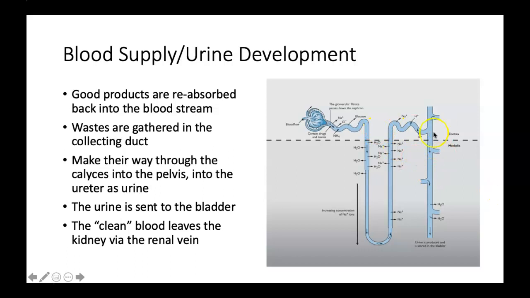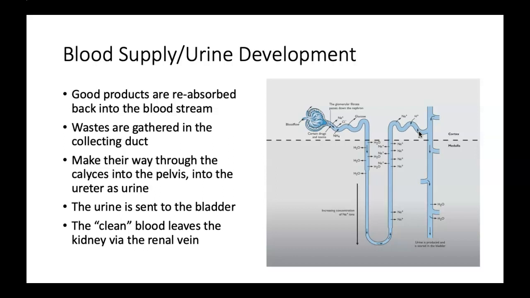And furthermore, you can see here, sodium continues to come back into the body. Other ions such as hydrogen and potassium are getting dumped into the distal convoluted tubule. The purpose of that is that the body gets rid of excess hydrogen ions and extra potassium ions so that they can be excreted as a waste product in urine.